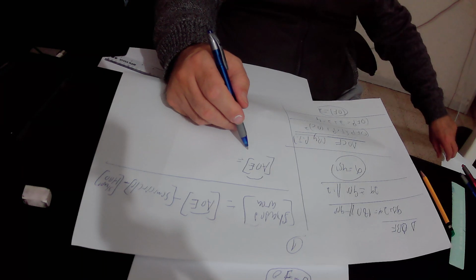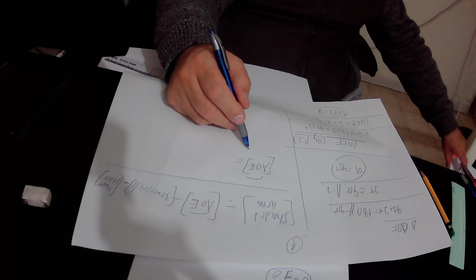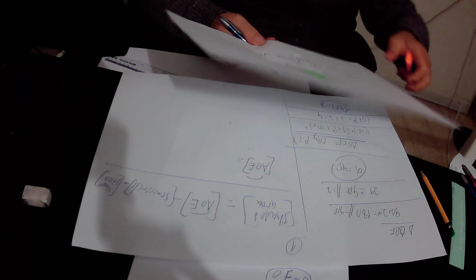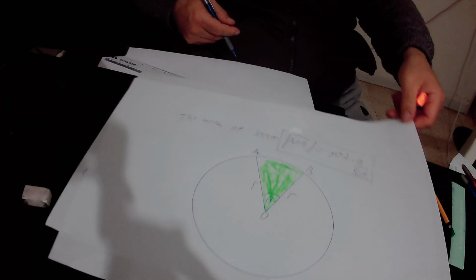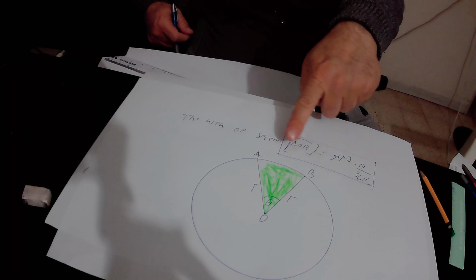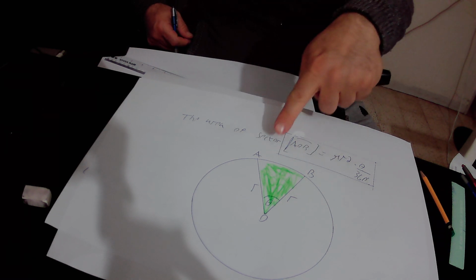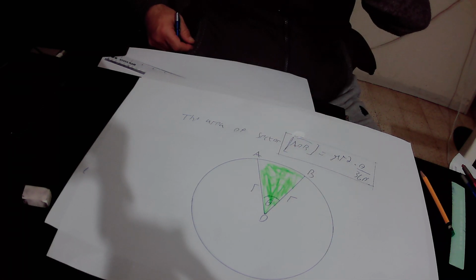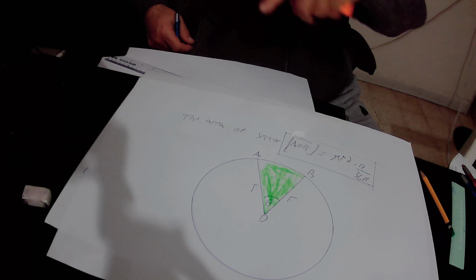What is the area of a sector? The green shape is sector AOB. Sector AOB is like a slice of a cake.